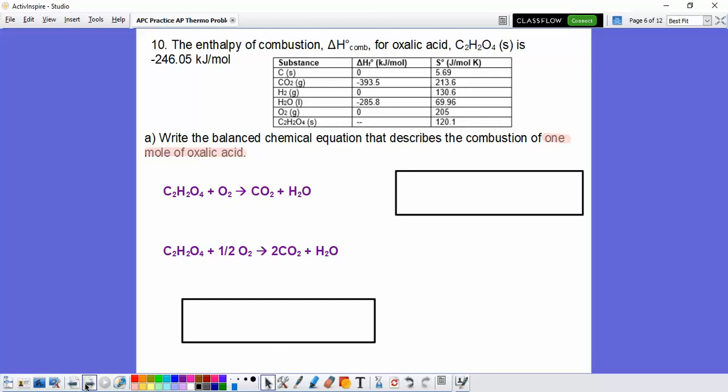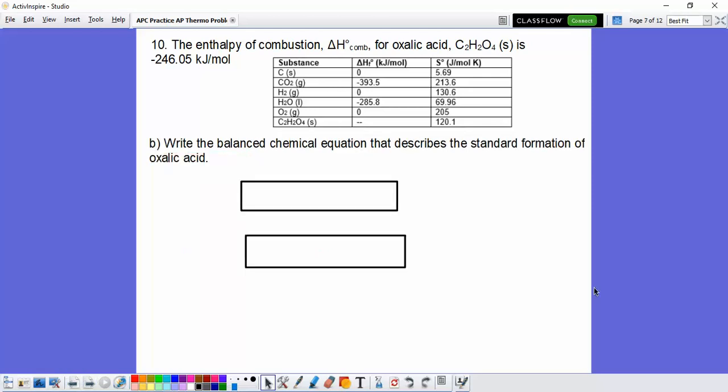Yay. Now for this one, we're going to write the balanced chemical equation that describes the standard formation of oxalic acid. So standard formation, what that means, it's the equation that shows the formation, like the forming of that substance, and it's forming from its elements.